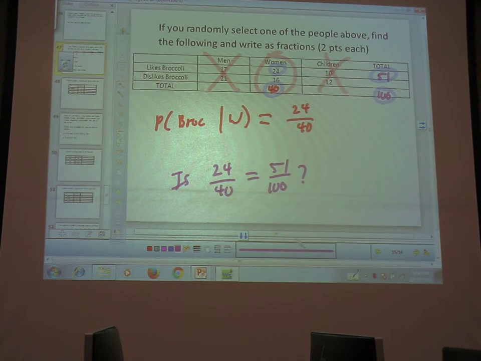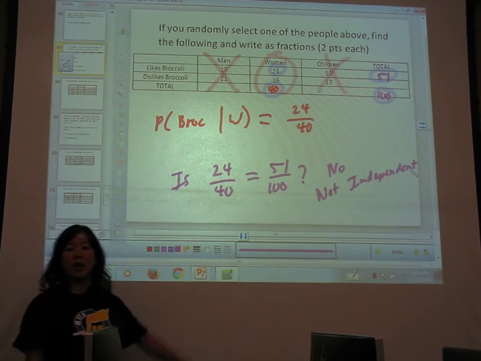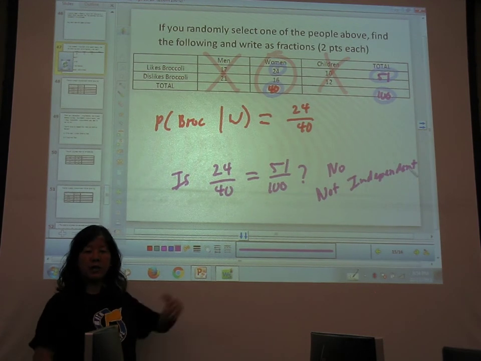Are those equal? No. If you're not sure, put them in your calculator and see what decimals you get. So they are not independent, because independent means equal. H naught equals, independent is the equals.